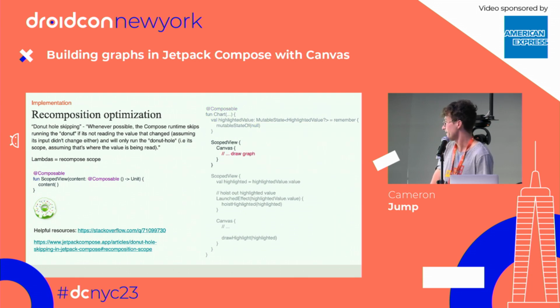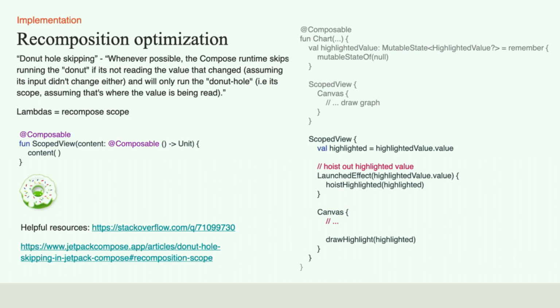And this canvas right here, it's not reading the highlighted value at all. But this scope here is reading the highlighted value. So when I make changes and hoist out the value, we can draw the highlight without recomposing the actual chart.